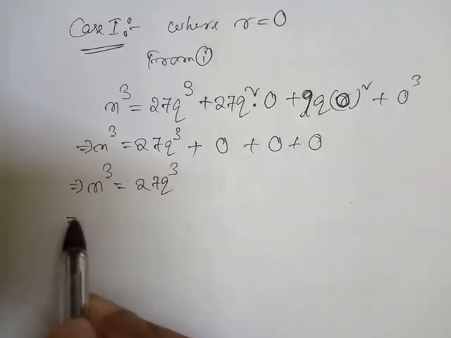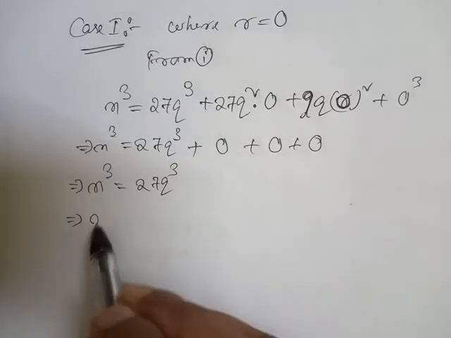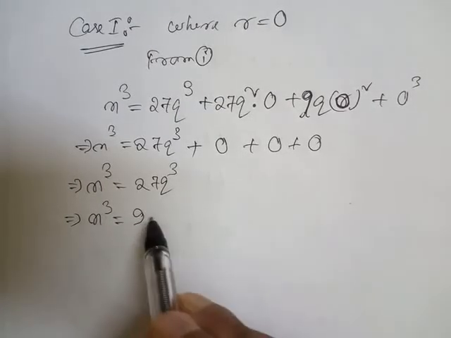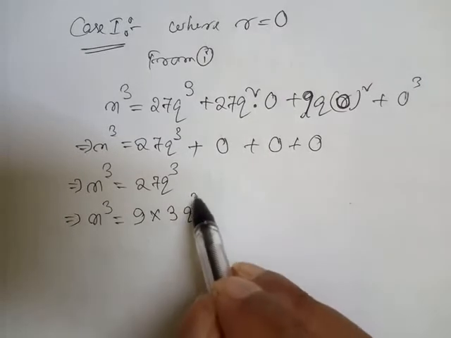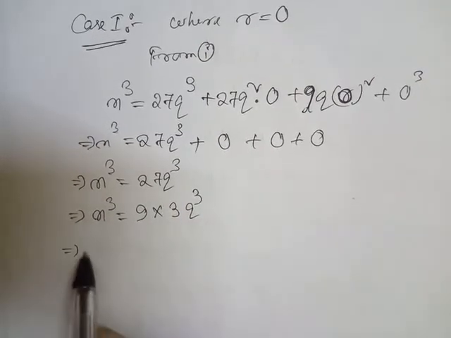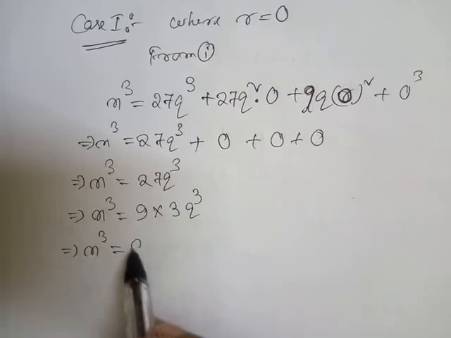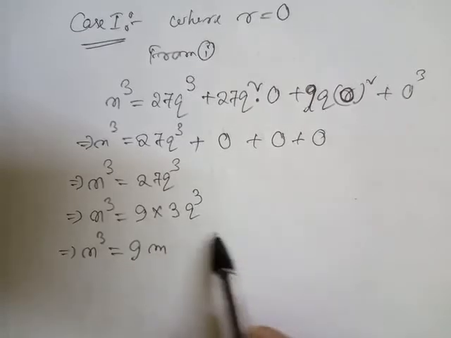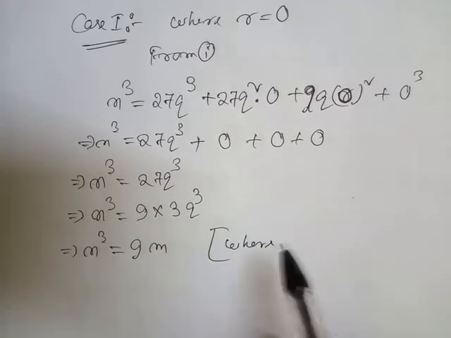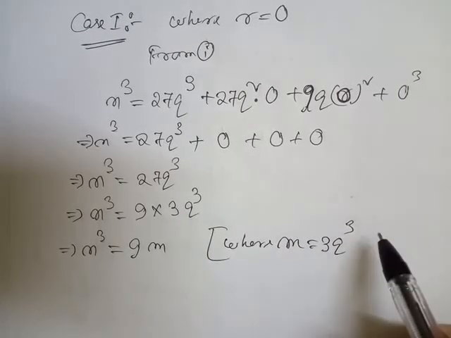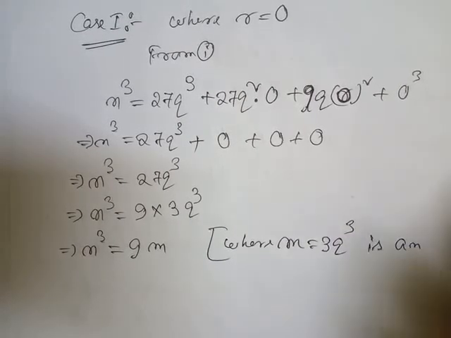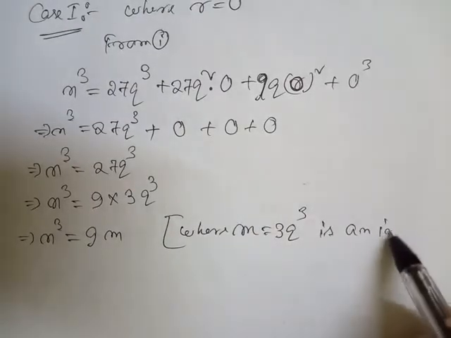Now look here, this can be written as n cube equal to 9 into 3q cube. Now look student, here I will write n cube equal to 9m, where m equal to 3q cube is an integer.